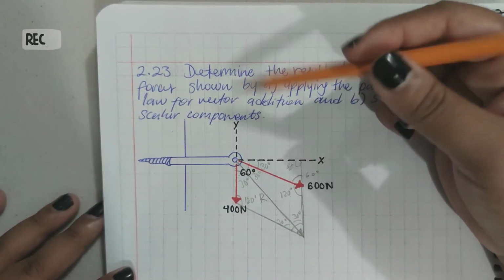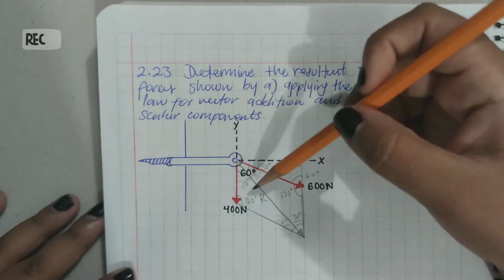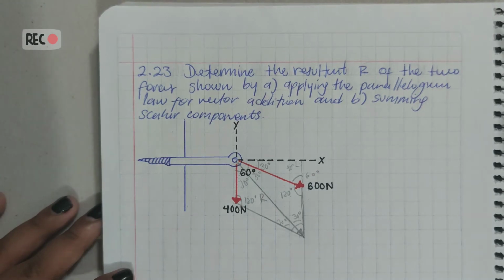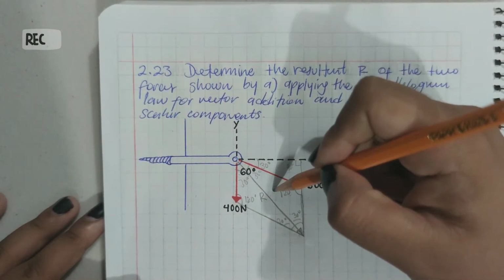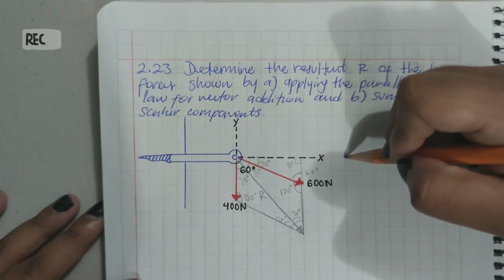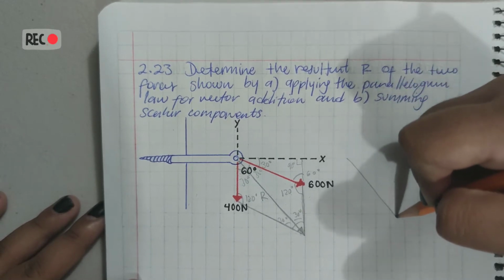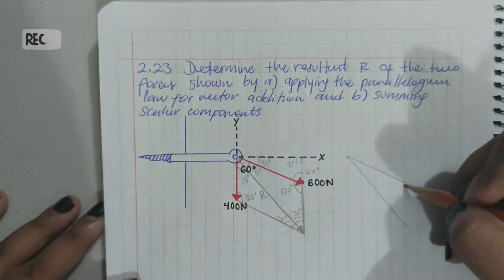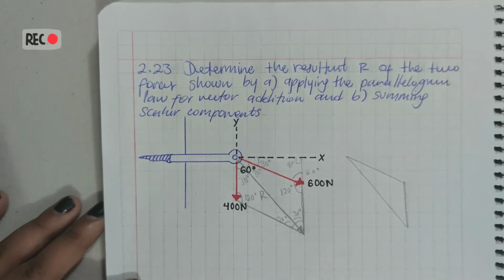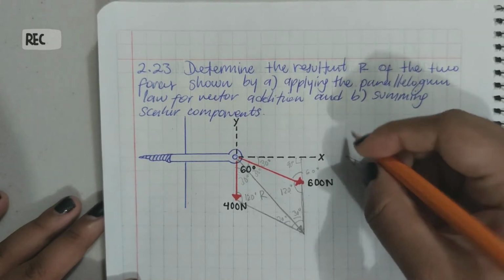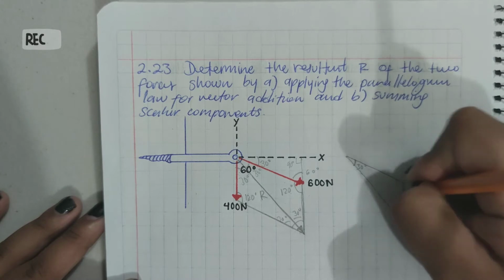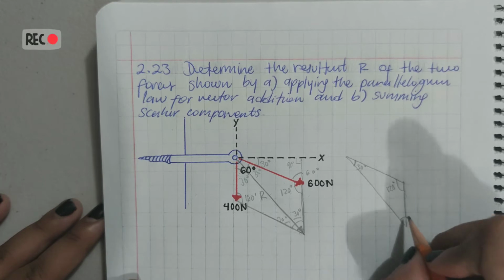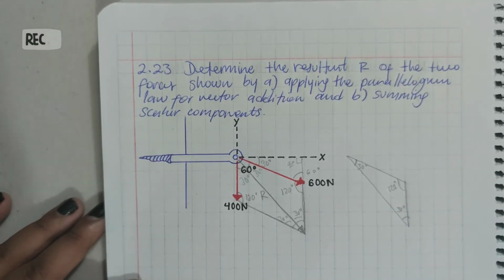So we can use this triangle or this triangle, whichever we want. For example, I want to choose this, so I can draw the same triangle here, and we know that this angle is equal to 30 degrees, this angle is equal to 120 degrees, and this angle is 30 degrees.